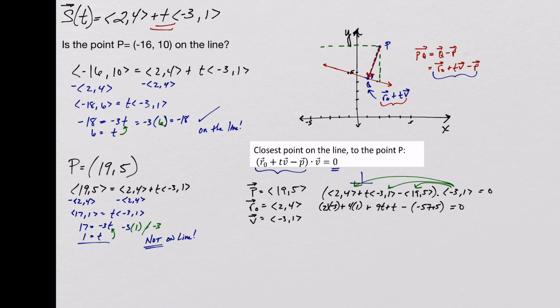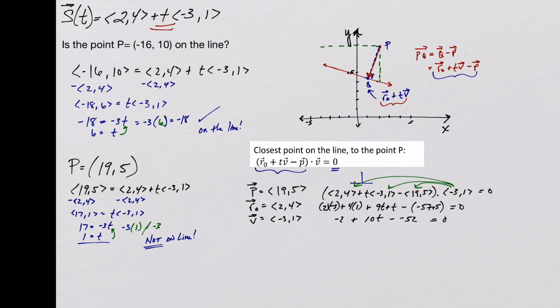And so let's go back and simplify some of these terms. So we've got -6 and 4 should be -2, plus 10t minus -52 equals 0.